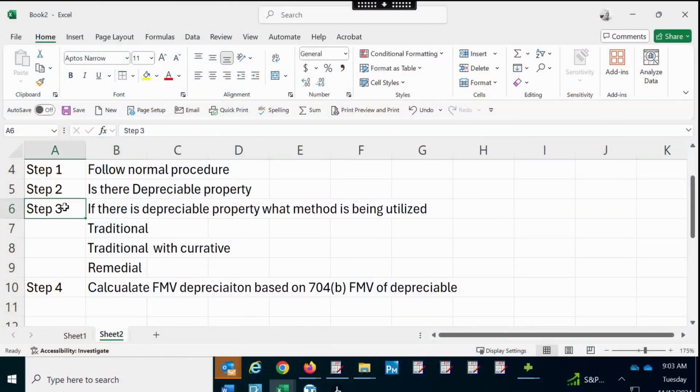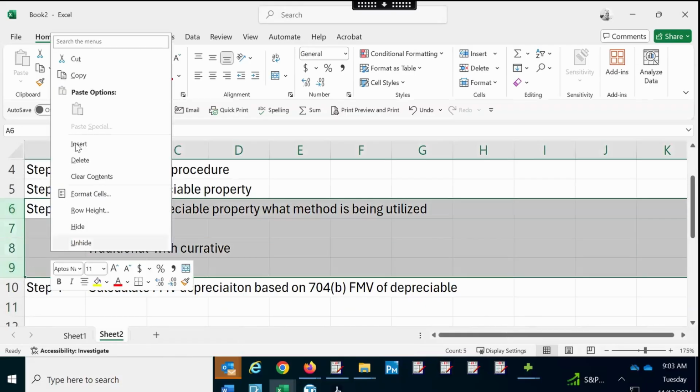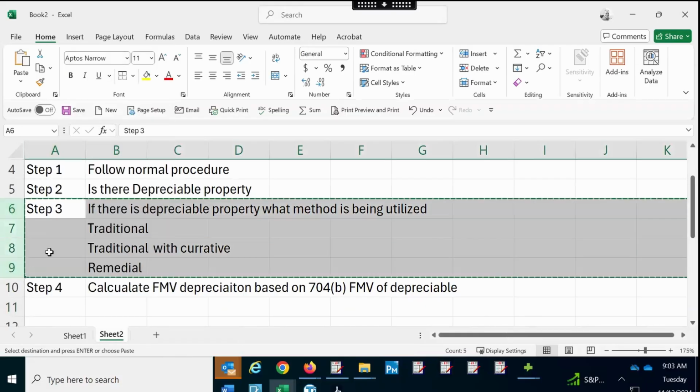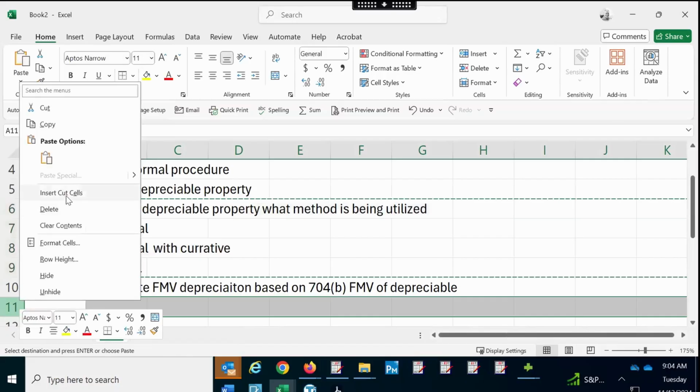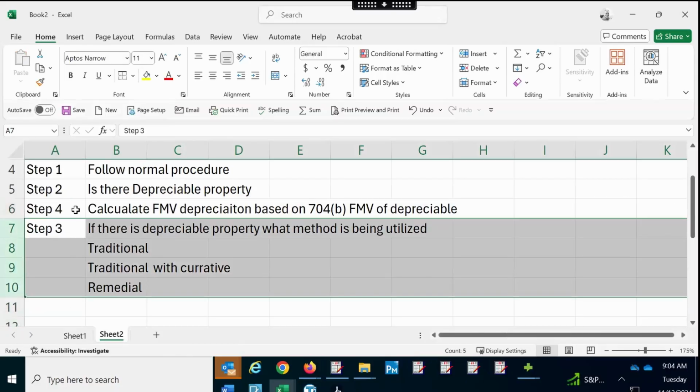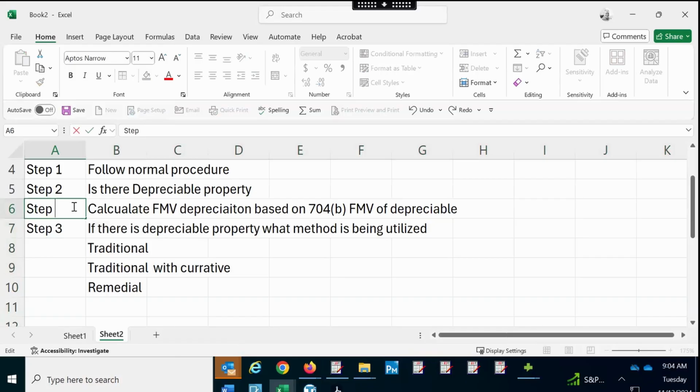Oops, what am I doing? And I am going to invert these. The more I think about it, they almost have to be inverted. Okay, because we're going to calculate the fair market value depreciation. Then we're going to assess which methodology we're on. We're going to invert those steps.